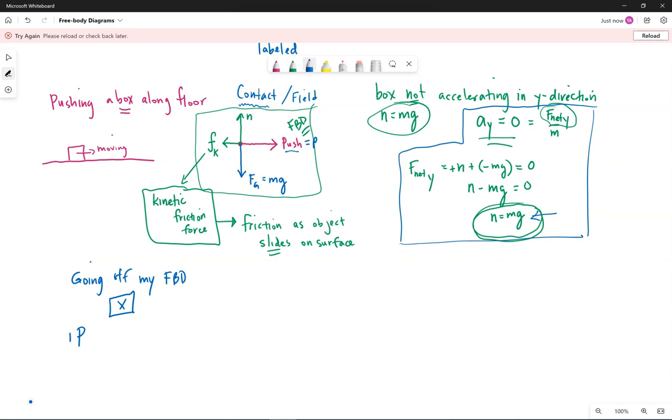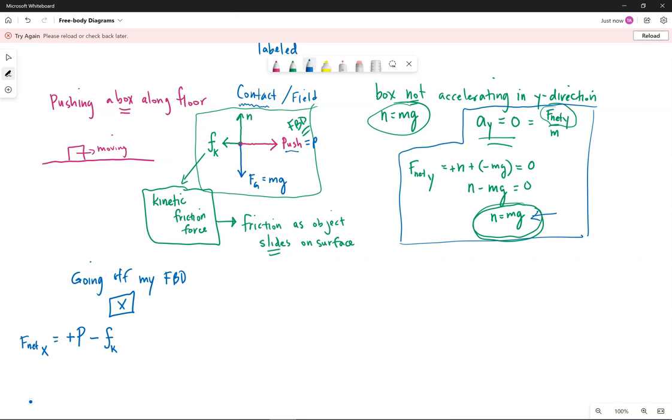So to account for the forces, the net force in the x direction specifically will be the positive P, meaning the pushing force to the right, minus the kinetic friction. Again, minus, we're saying that's to the left.